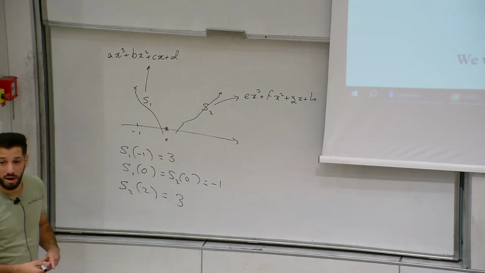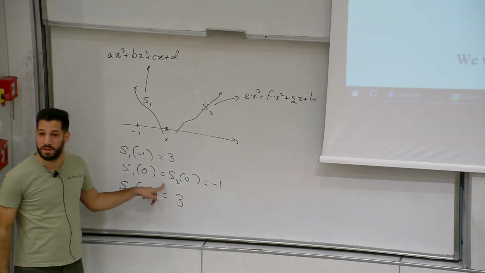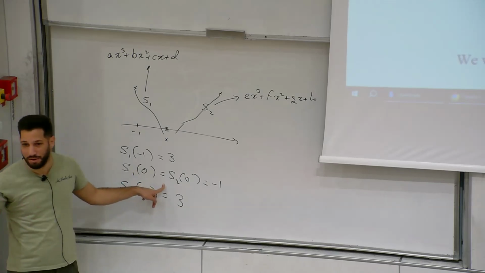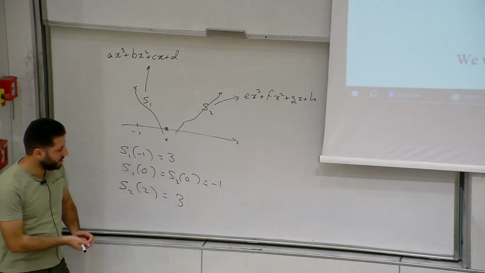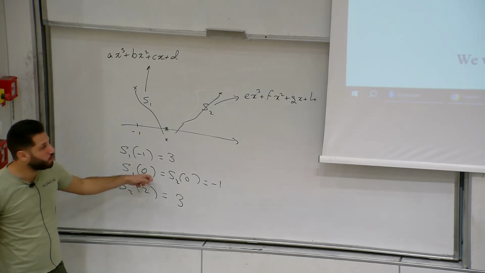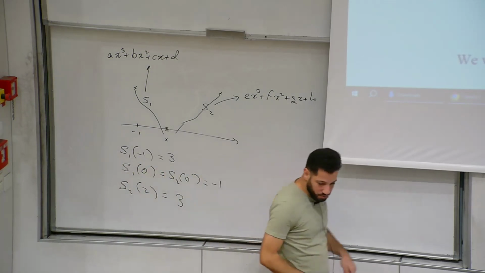And which conditions do we start from? These, because they are easier. You can start from wherever you want, but if we want to solve this by hand, it is easier to start with S1 at 0 and S2 at 0.